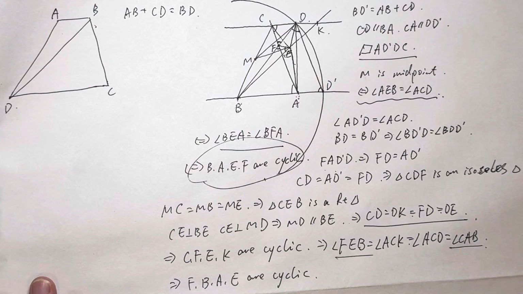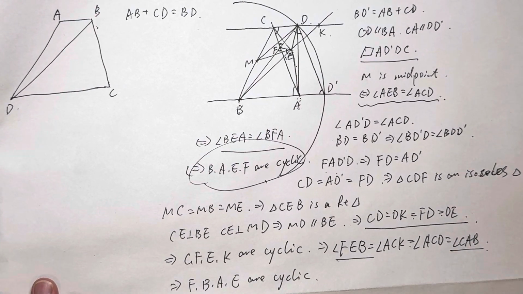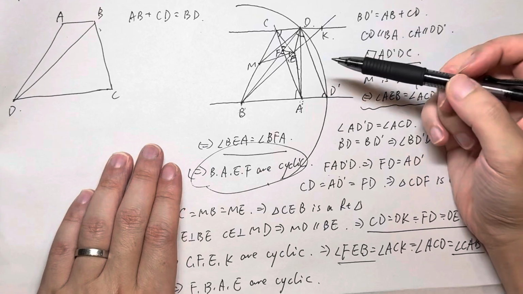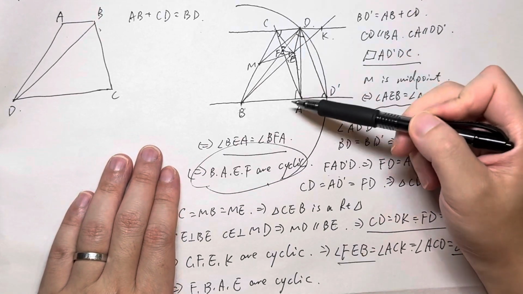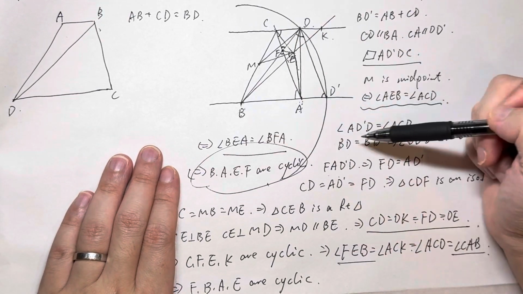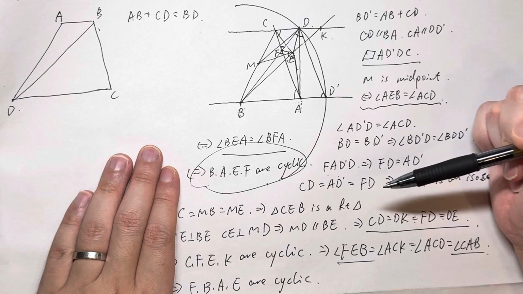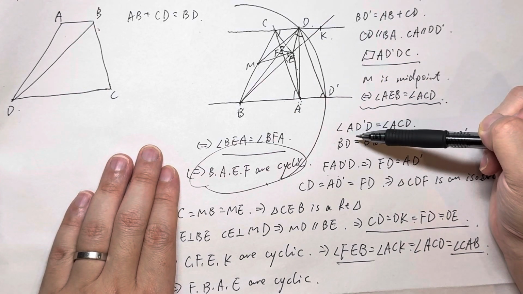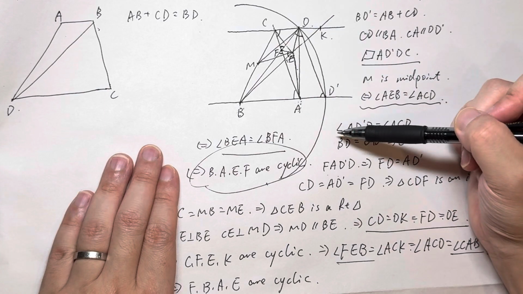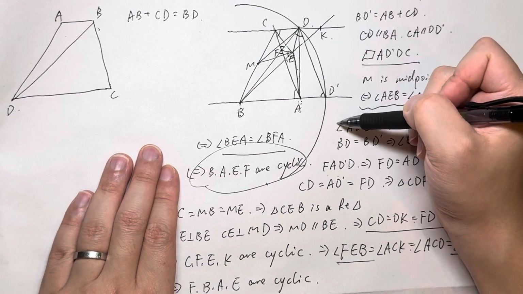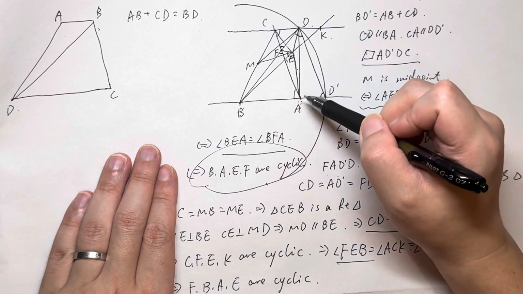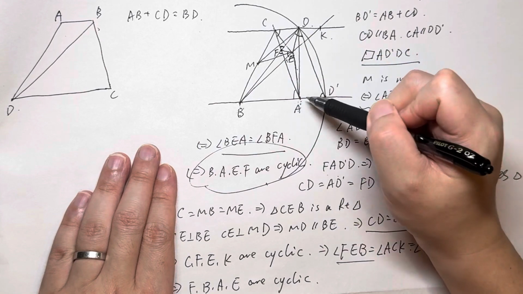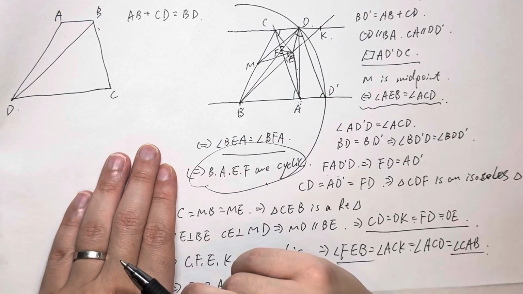As you can see, the only use of CD plus BA equals BD is to construct this parallelogram. And when we have this parallelogram, it's critical because, based on it, we find that in the trapezoid AD prime DF, AD prime equals FD.